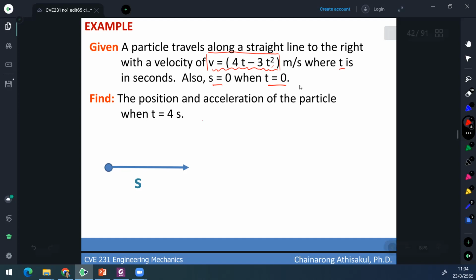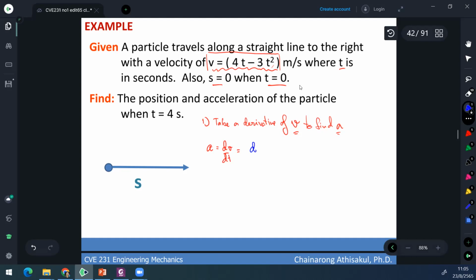Let's start with the acceleration first. We can take the derivative of the velocity to find the acceleration. We know that a equal to dv by dt, and for this case, v is equal to 4t minus 3t squared.